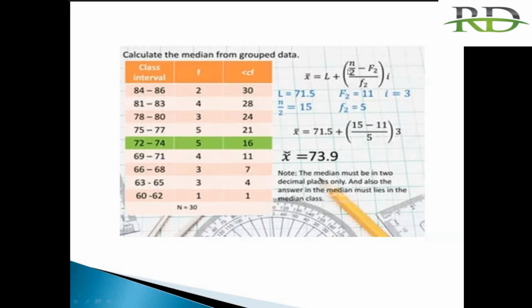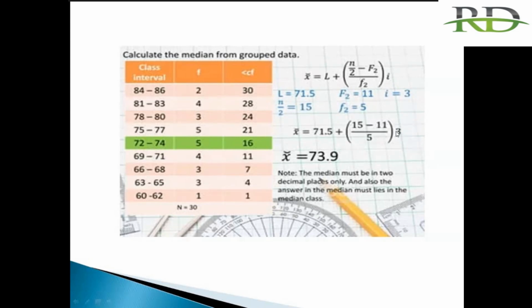Here L1 means the lower value of the median class, and L2 the upper value of the median class. So i is nothing but L2 minus L1, the difference of the two. So 74 minus 72, that is 2.